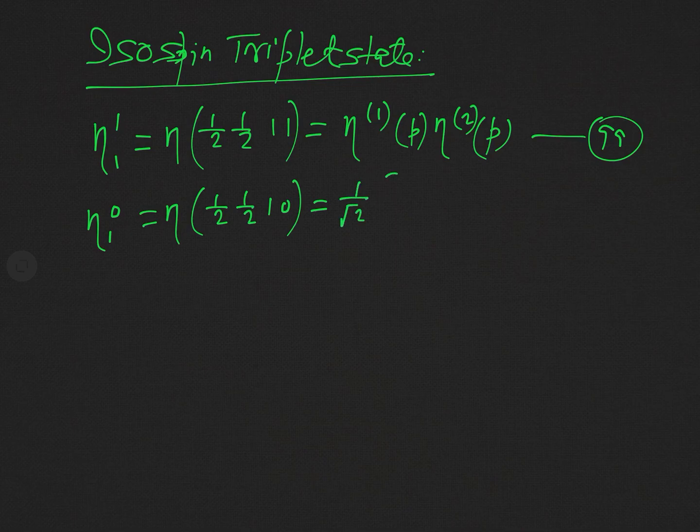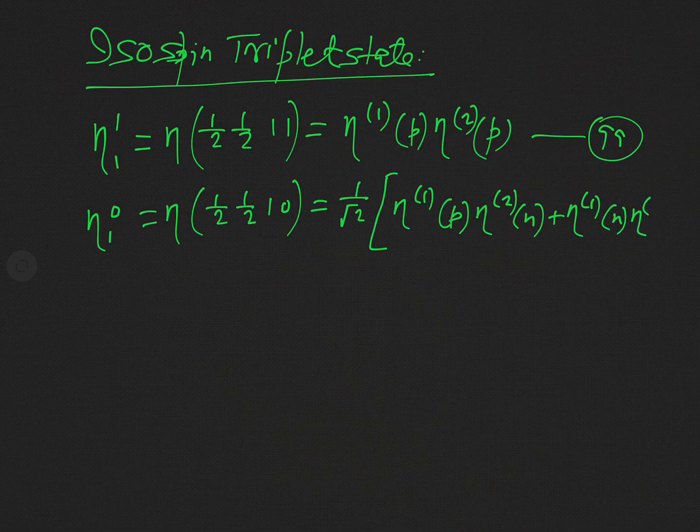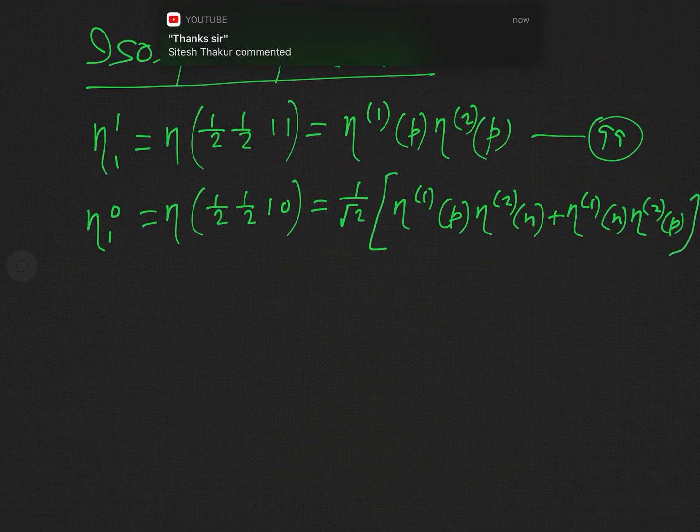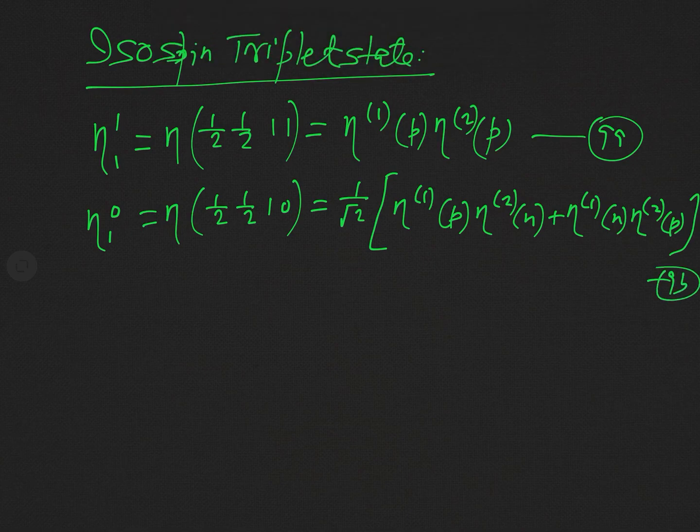This is equal to 1 over root 2 times eta 1 p, eta 2 n, plus eta 1 n, eta 2 p. This is 9b.